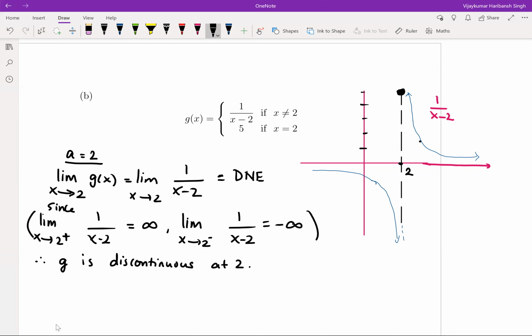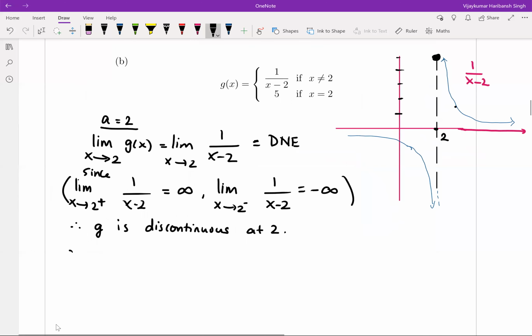Now, what about the next case, when a is not 2? In that case, we have the limit as x goes to a, sorry, we are looking at x goes to a, of 1 upon x minus 2, and that is going to be 1 upon a minus 2. Why is that? Because this is a rational function and a not equal to 2 belongs to the domain of this rational function.